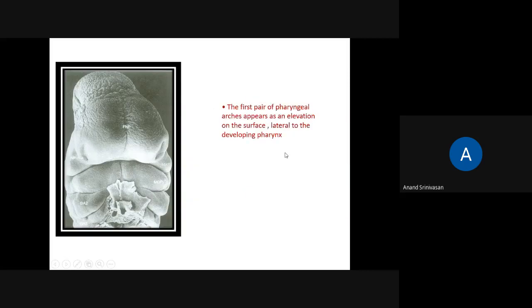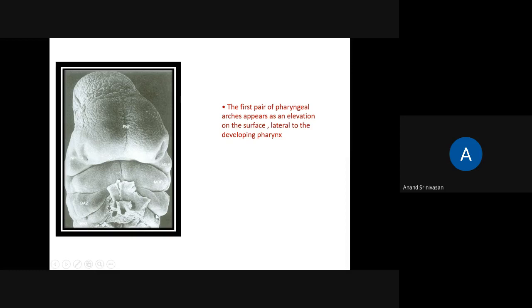I think we have seen this during the development of the respiratory part and the pharynx. Here you can see the nasal placode, the frontonasal process, the maxillary process, and the pharyngeal arches.